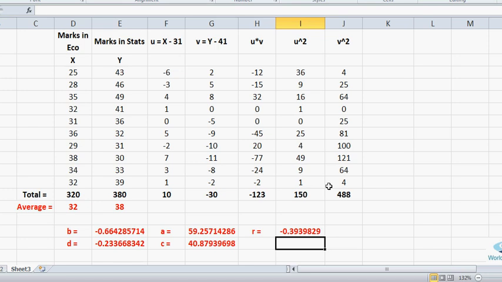So the square root of b multiplied by d equals minus 0.39, and that's our coefficient of correlation. You can also check the value of r by the actual method of finding the coefficient of correlation, which we have learned previously. So let that be an exercise for you to do yourself.